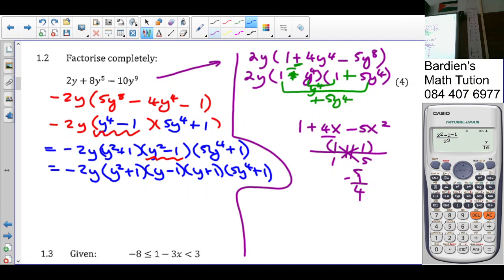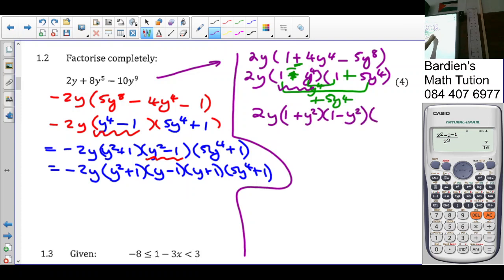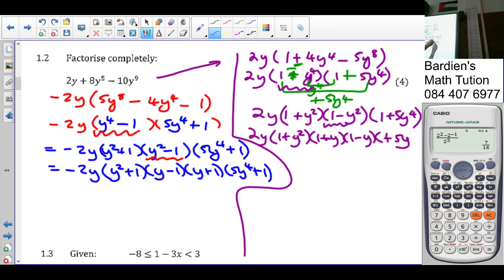You all okay with that? And as you can see here, the difference of 2 squares can be applied there. So it's going to be 2y into 1 plus y squared, 1 minus y squared, 1 plus 5y^4. Now what? Difference of 2 squares again. So it's 2y into 1 plus y squared, 1 plus y, 1 minus y, 1 plus 5y^4.